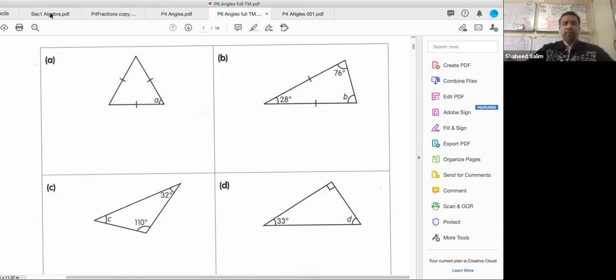Okay, Zahin, you have gotten correct for C and for D.